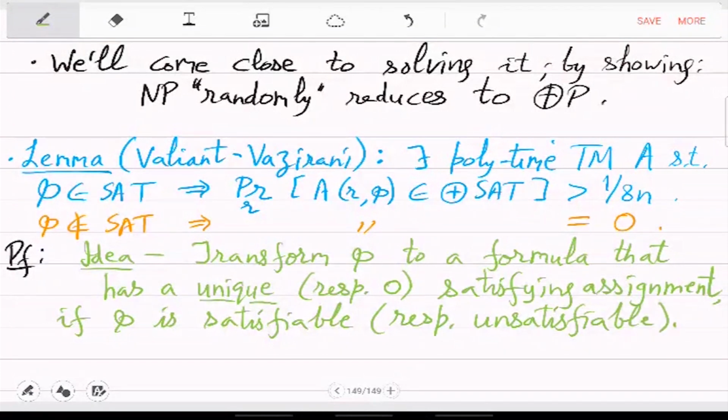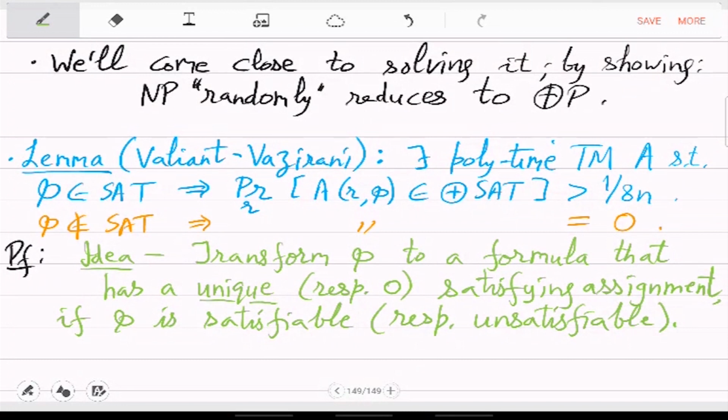Okay, so not only will we make it odd versus even, we will actually make it 1 versus 0. So this transformation we will give will be so powerful. It will actually make any number of satisfying assignments to 1 and 0 assignments to 0.